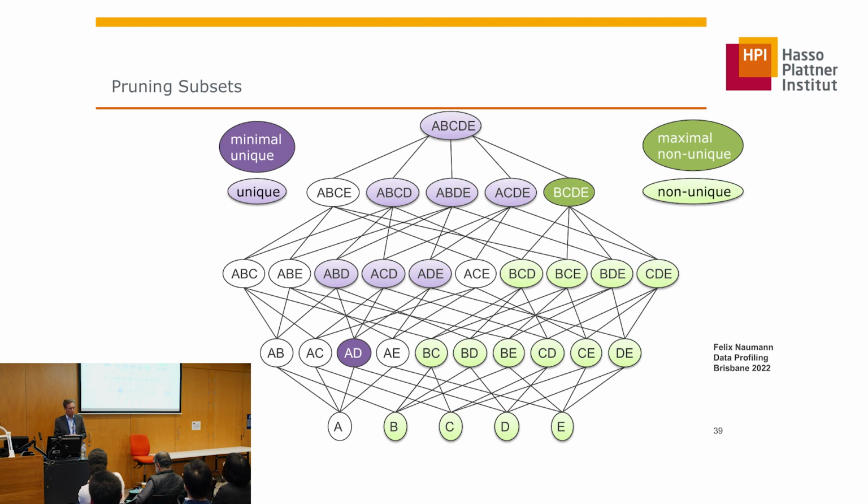And this also gives rise to various algorithms. Some go bottom up, some go top down, it kind of depends. There's also a zigzag algorithm that turns between the top and the bottom. But in essence, what you're always doing is traveling through this lattice, checking candidates, and making sure you're not checking candidates that you can prune.